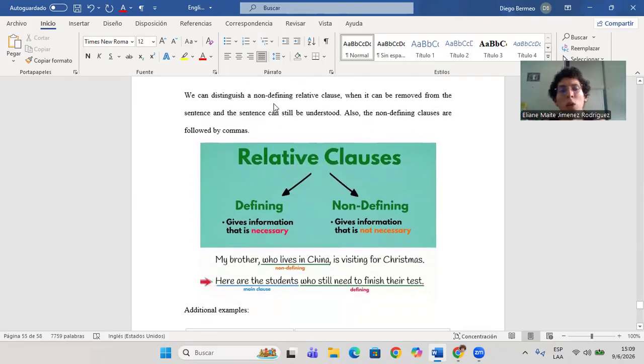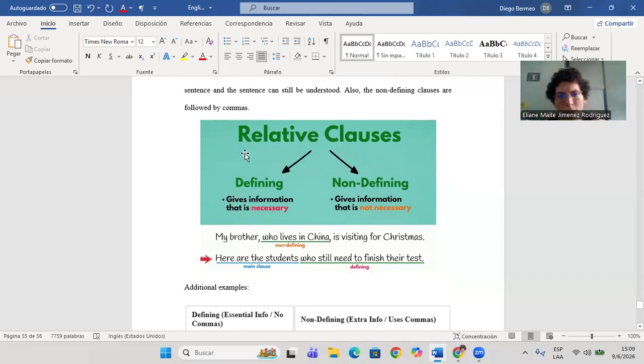We can distinguish a non-defining relative clause when it can be removed from the sentence and the sentence can still be understood. Also, the non-defining clauses are followed by commas. So here we have relative clauses, defining and non-defining. Defining give information that is necessary, and non-defining give information that is not necessary.